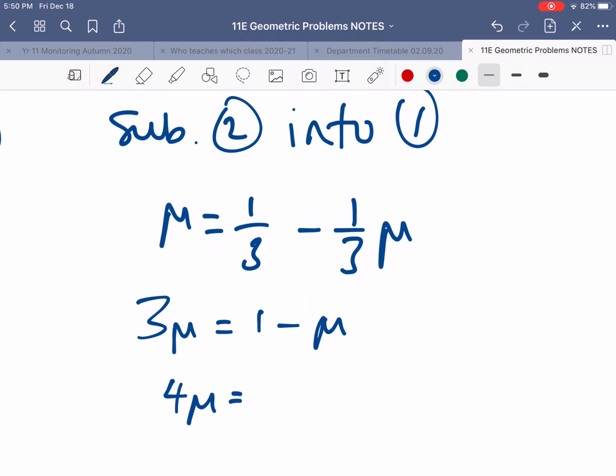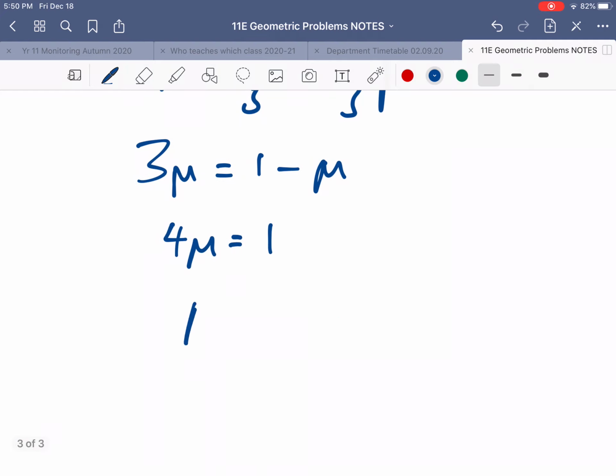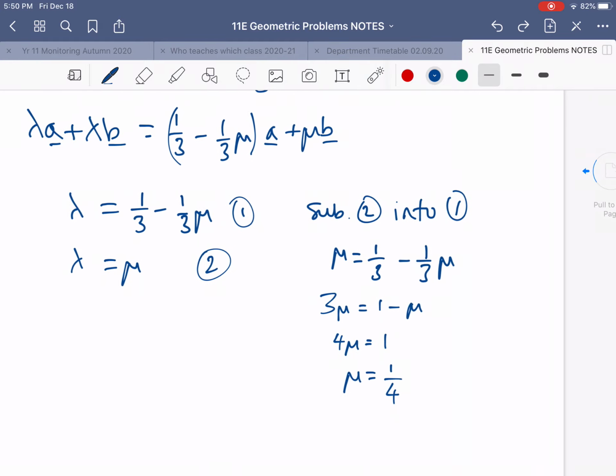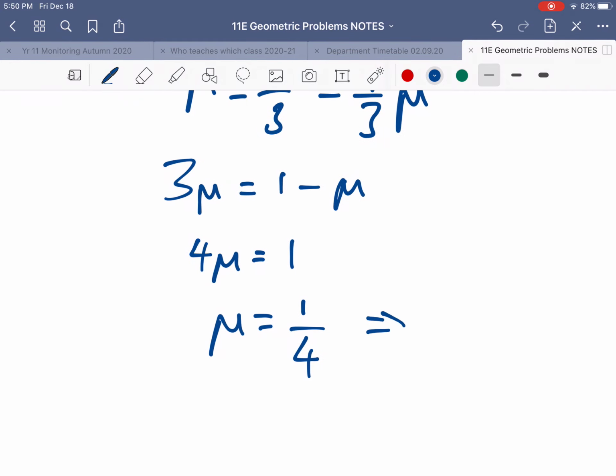So 4 mu is equal to 1. Divide by 4. Mu is equal to a quarter. And because I'm solving simultaneously, I work out the other one, lambda is also a quarter.